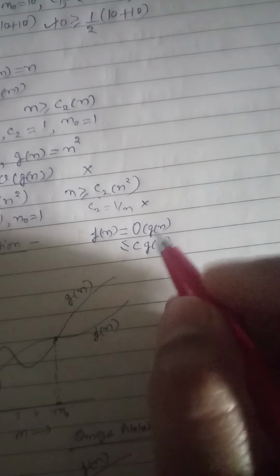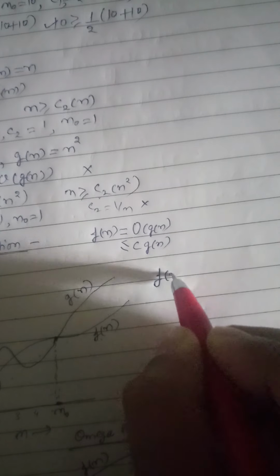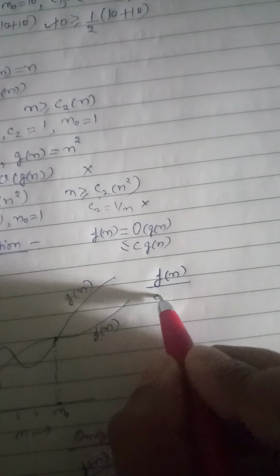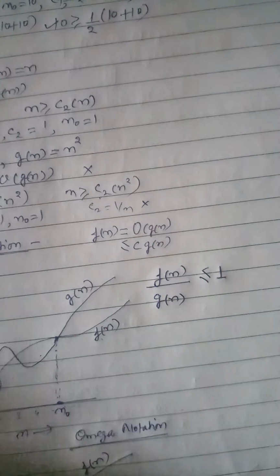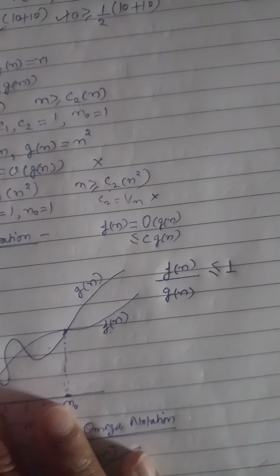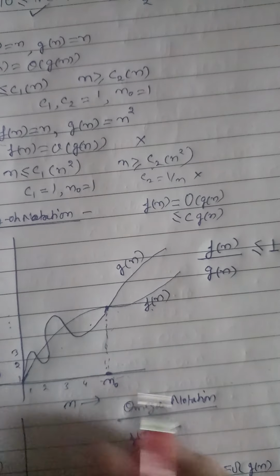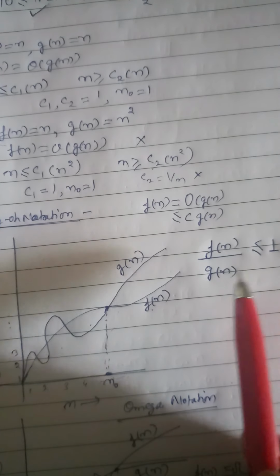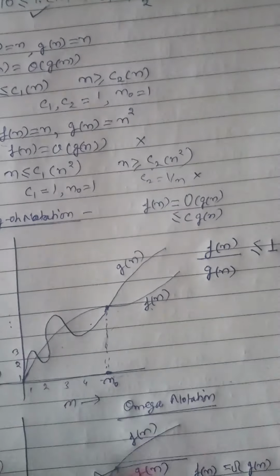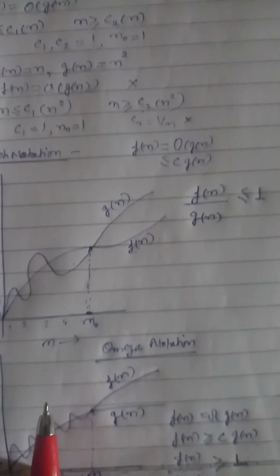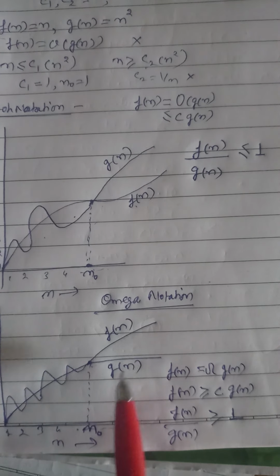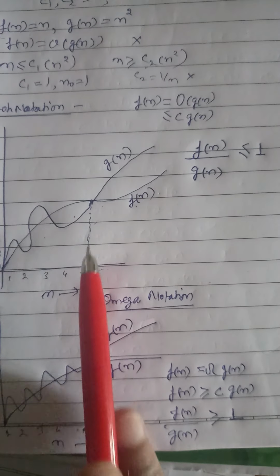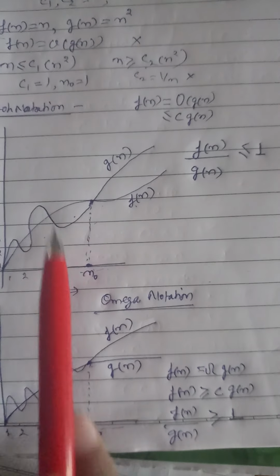But in big O notation, we can simply say f(n) upon g(n) is less than or equal to 1. So this is the way of representation of big O notation and omega notation.